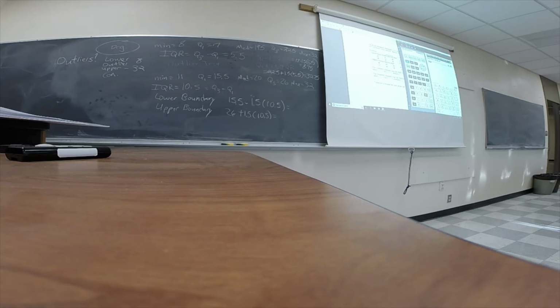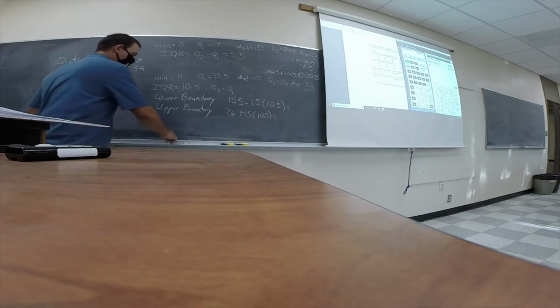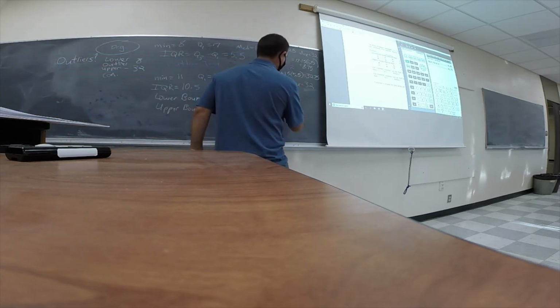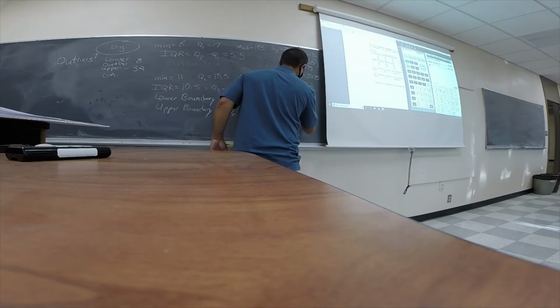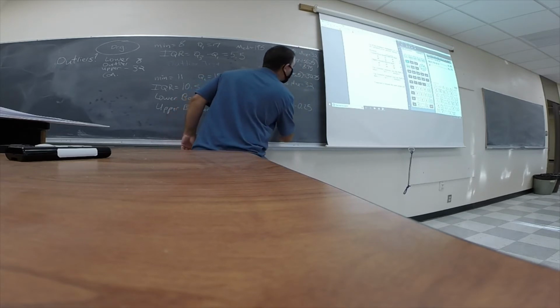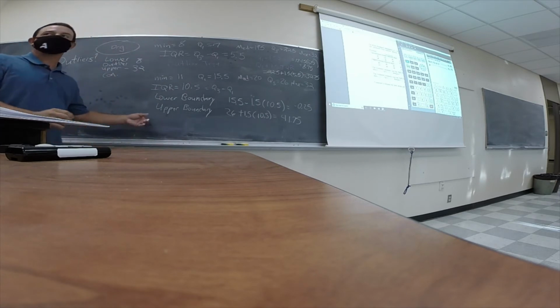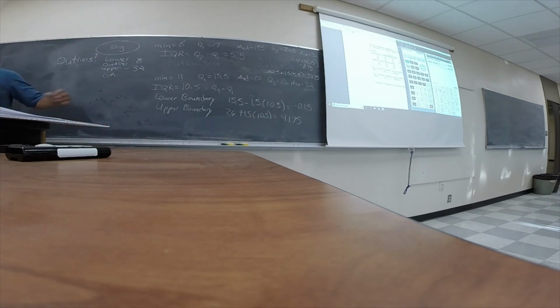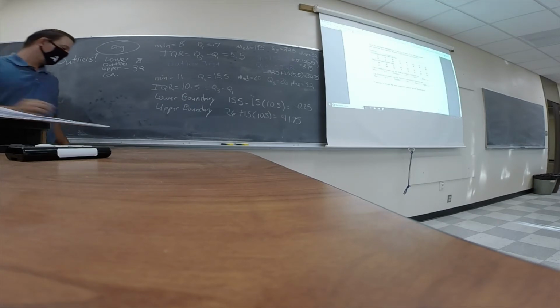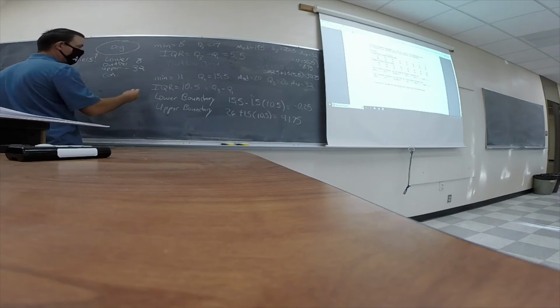Our upper outlier boundary is 41.75. So do we have any outliers in the conventional data? No, we don't. Okay. All right. So if we bring it back around, I'm going to go ahead and write no outliers here.